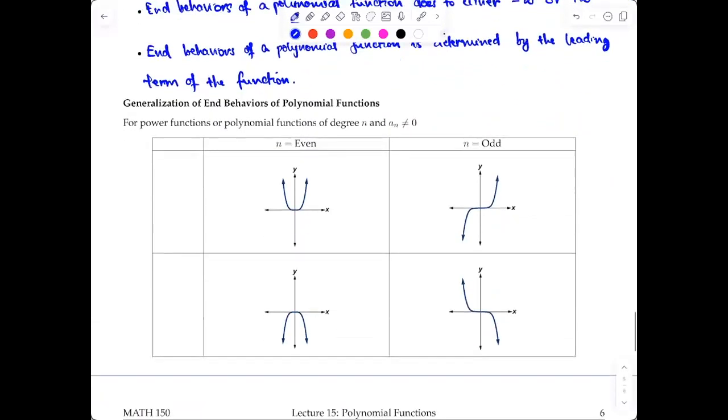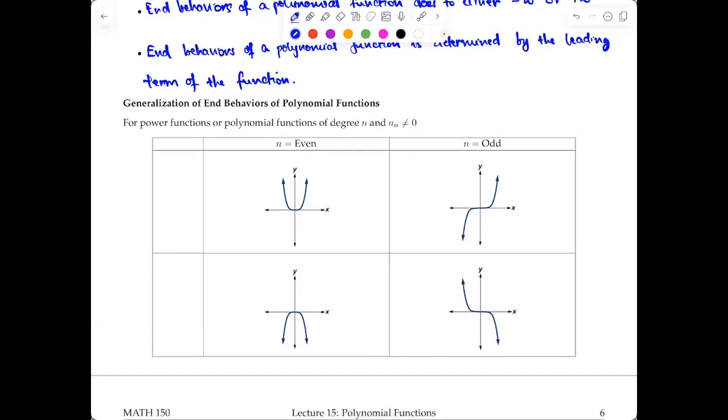Now, polynomial functions behave very similar to what you see in power functions. They depend only on whether n, the degree, is even or odd, and whether the leading coefficient is positive or negative.